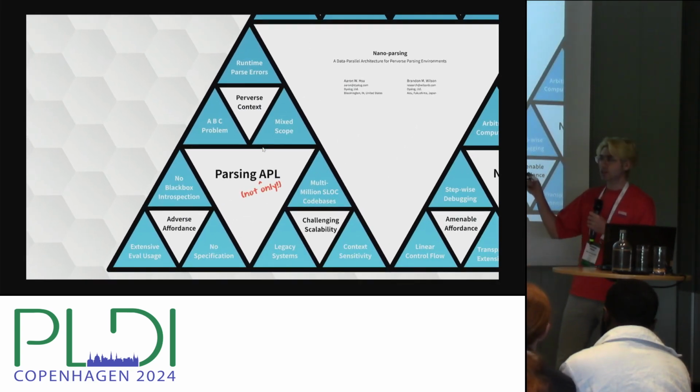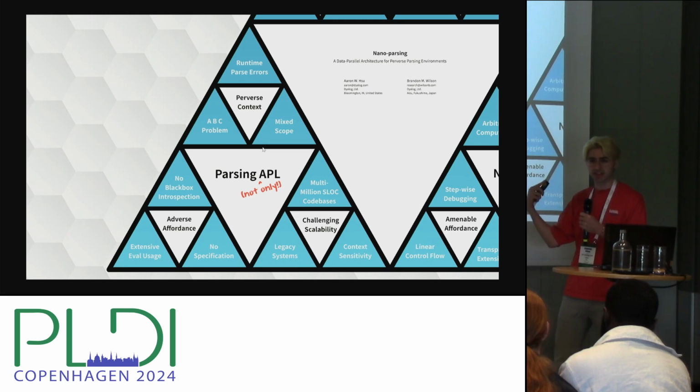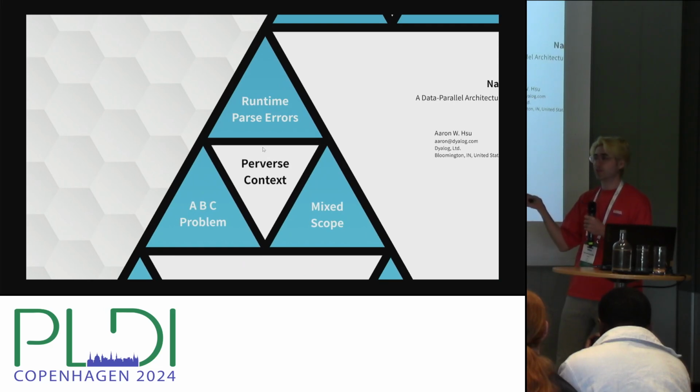But first, let's look at a particular instance of this. We are looking at APL, but it's not limited to APL. I've written a YAML parser using this technique, and I used the same technique to implement the MetaMath language parser. But APL in particular has a very perverse context where there are runtime parse errors.